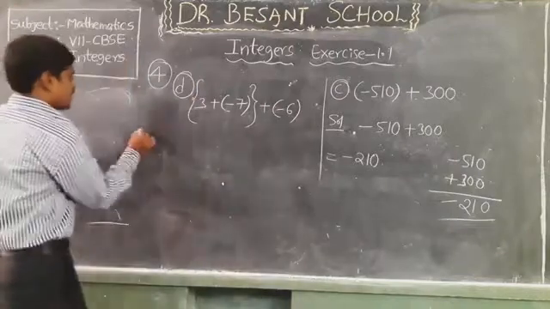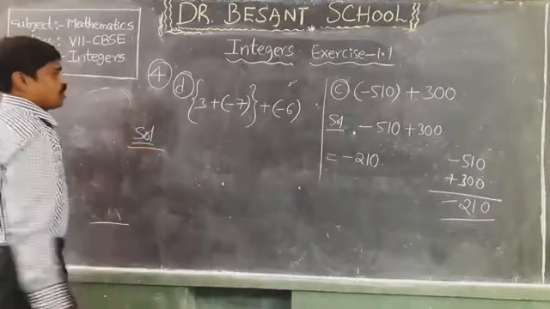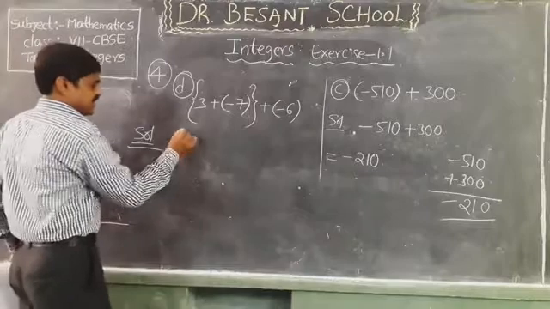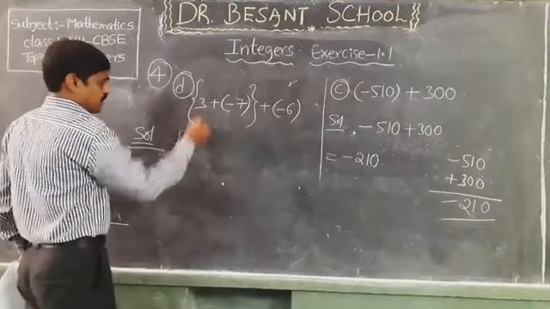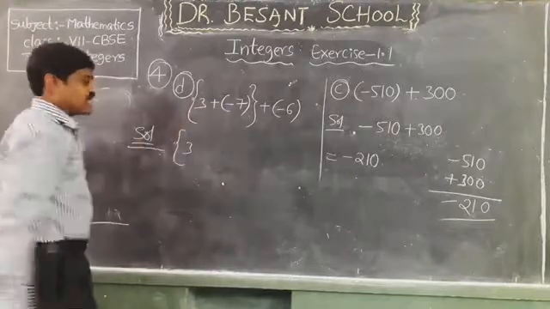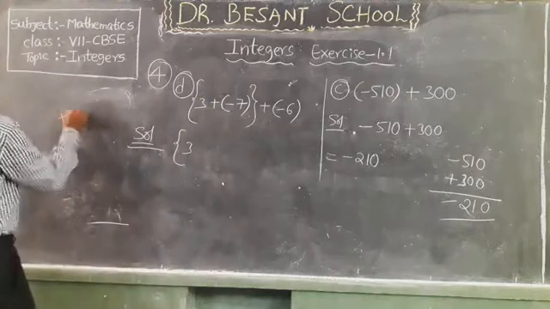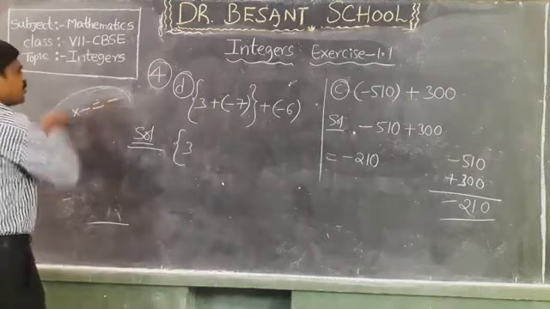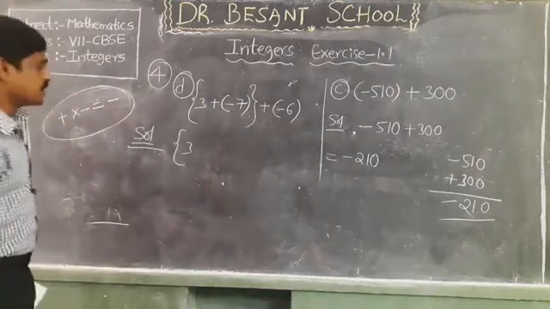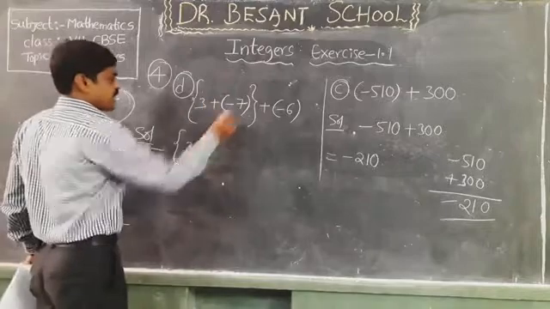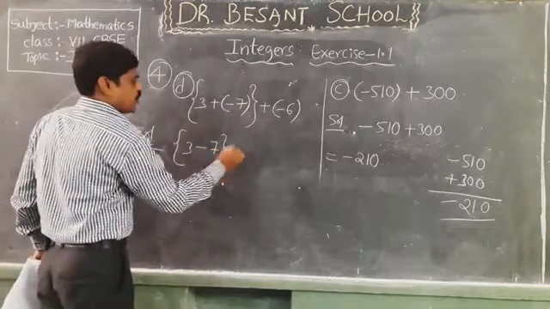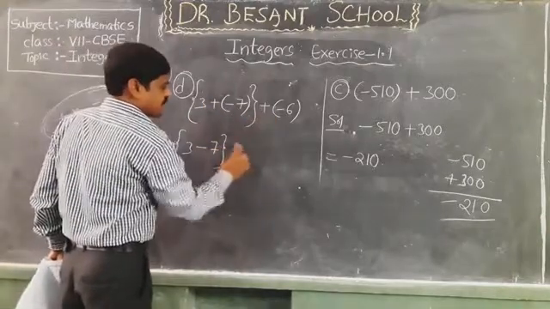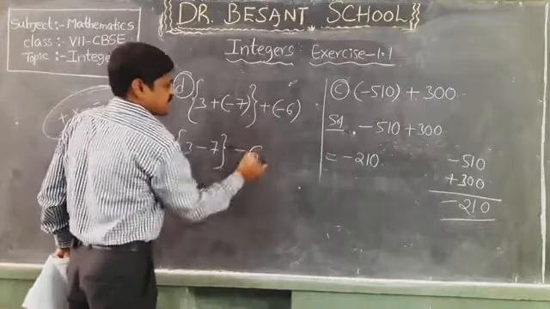Okay, solution. So first of all, this one we have to solve. 3 plus into minus. We know plus into minus is equal to what? Minus. So plus into minus, minus 7. Now plus, again plus into minus, minus 6.